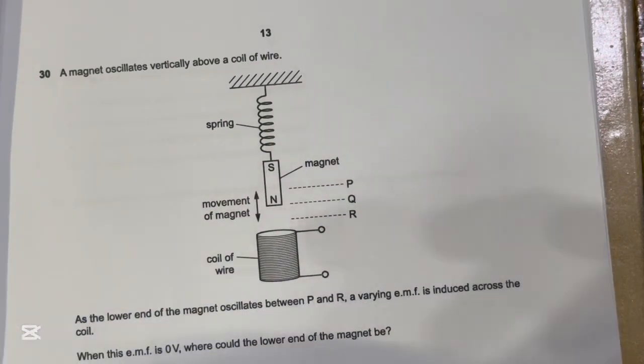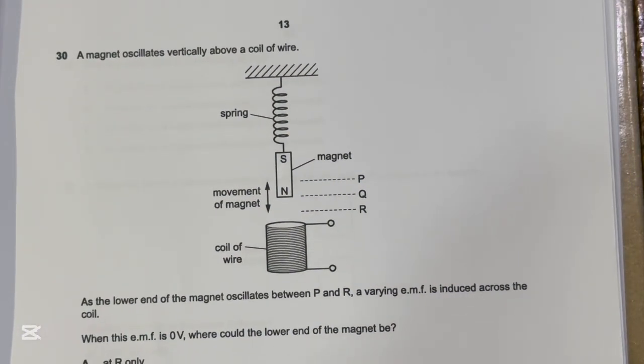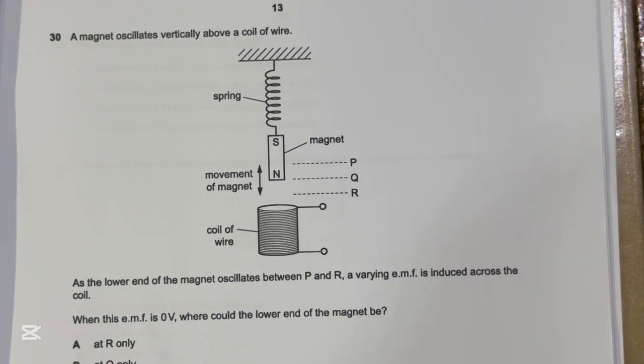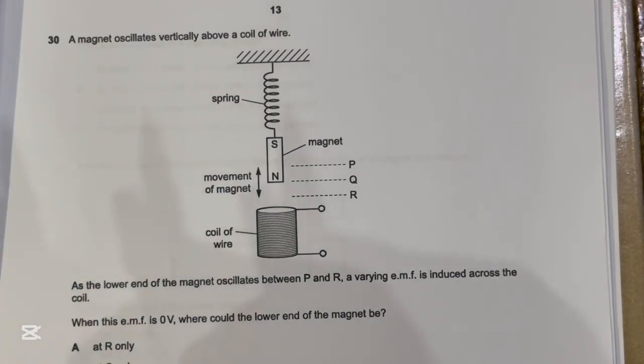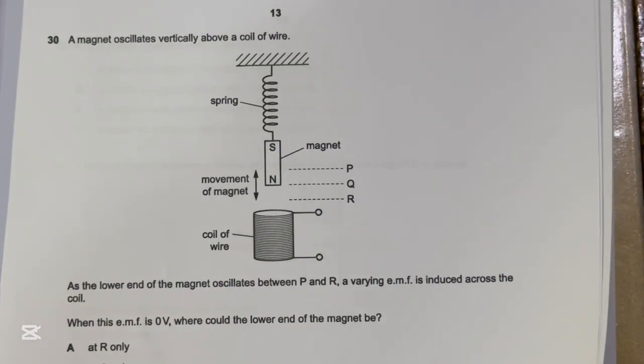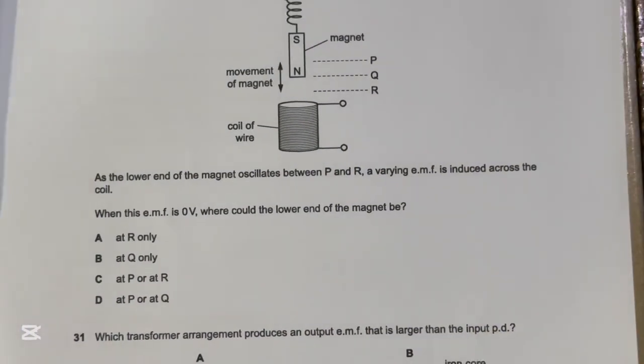Question number 30 is that a magnet oscillates vertically above a coil of the wire, north south, and moves PQR. As the lower end of the magnet oscillates between P and R, a varying EMF is induced across the coil. When this EMF is 0 volt, where could the lower end of the magnet be?